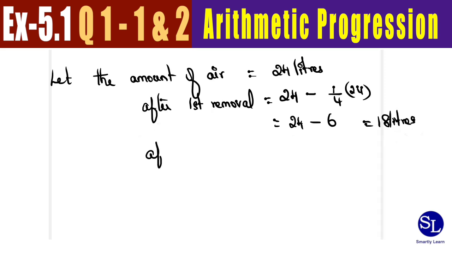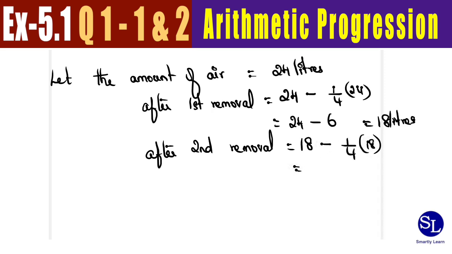Now let's do it for the second removal. After the second removal, I'm going to calculate how much is left. So I'm going to do 18 minus 1/4 of 18. The remaining amount, I'm going to pump out 1/4 of it.